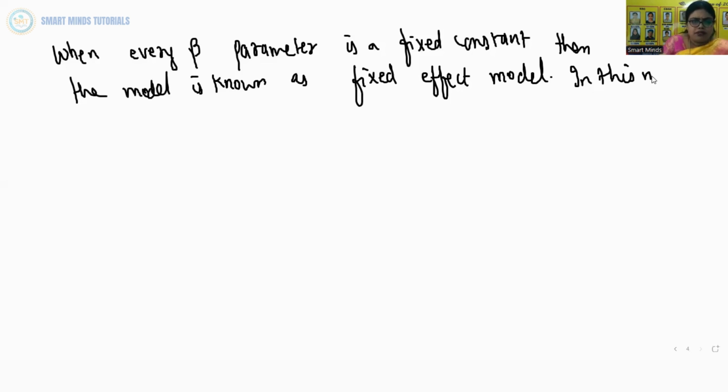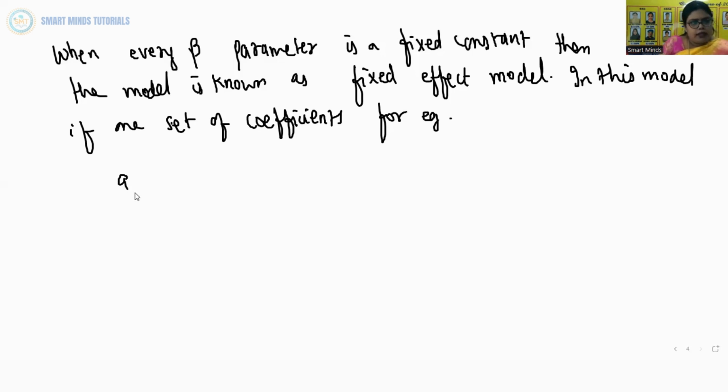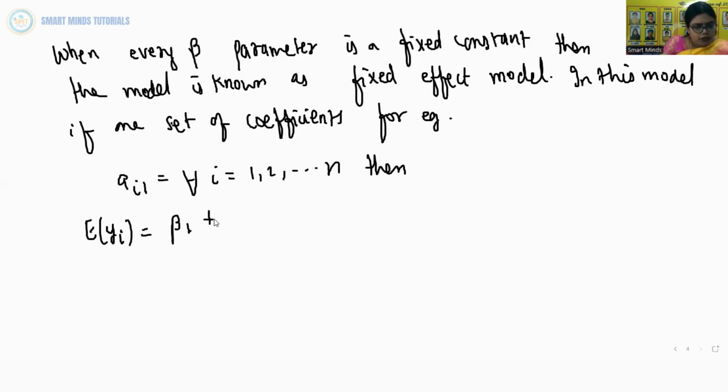And in this model, what happens? If one set of the coefficients, for example ai1 is equal to 1 for all i is equal to 1, 2, so on up to n, then E of yi is equal to ai1 beta 1 plus ai2 beta 2 plus so on up to aip beta p, where i takes values from 1 to n.